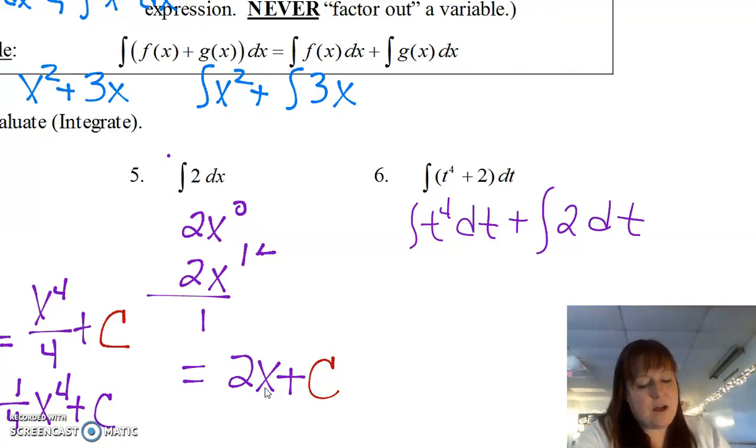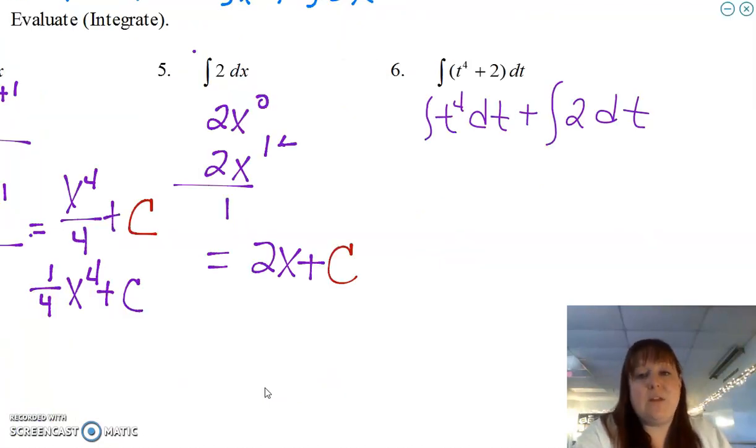So the integral of t to the 4th dt, now that dt tells us that we're integrating with respect to t, right? Anyway, t is our variable. That's what the dt tells us.